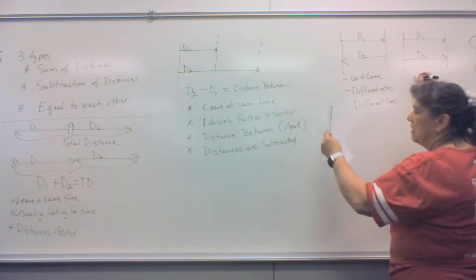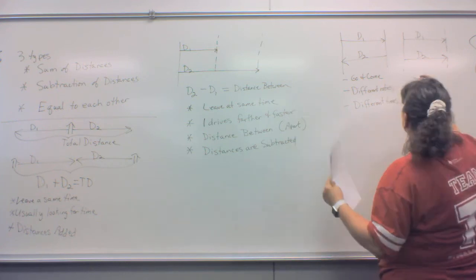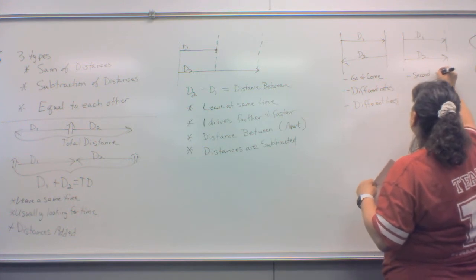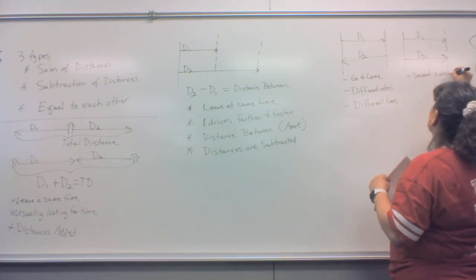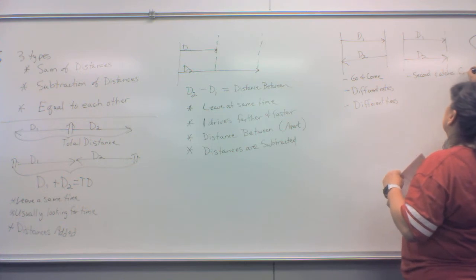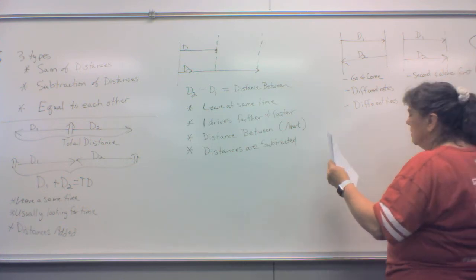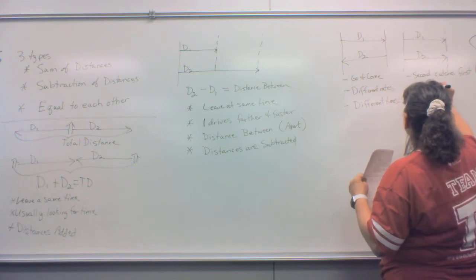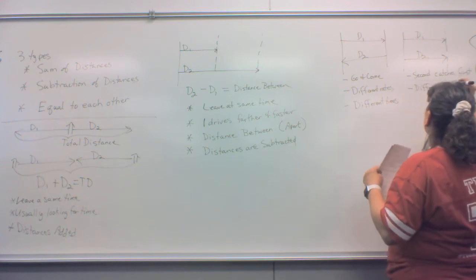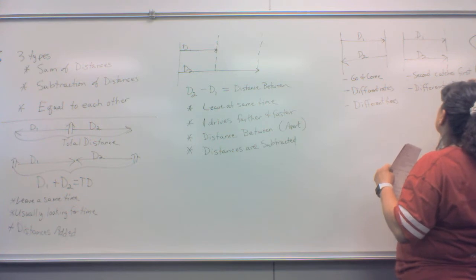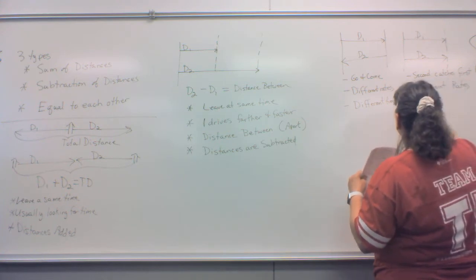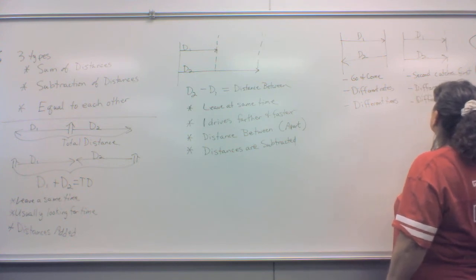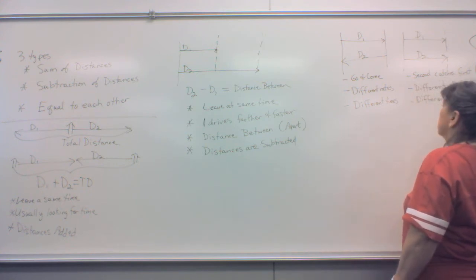Whereas this one, your distinctive is the second catches the first. Okay? And they have different rates and different times. So as you see, this third one is very distinctly different from the others.